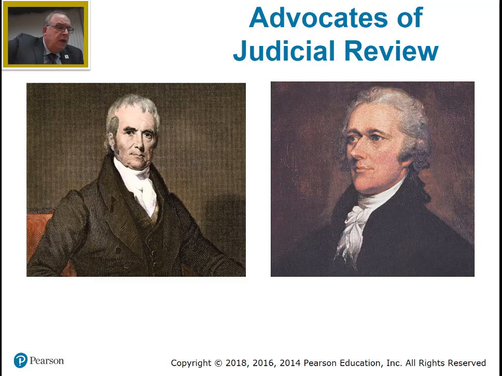Advocates of judicial review, and you have John Marshall, the Chief Justice of the Supreme Court, and Alexander Hamilton on the right here. And they both advocated for a strong national government. And what happened in Marbury v. Madison was Marbury was wanting a judicial appointment in Washington, D.C., and he was one of a group called Midnight Justices that were given a lifetime appointment as Adams was leaving the presidency.